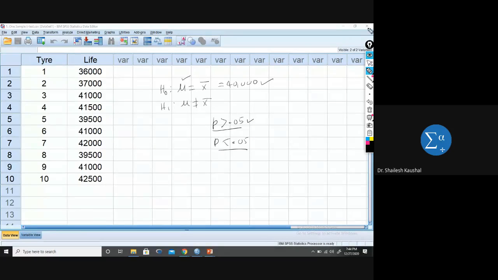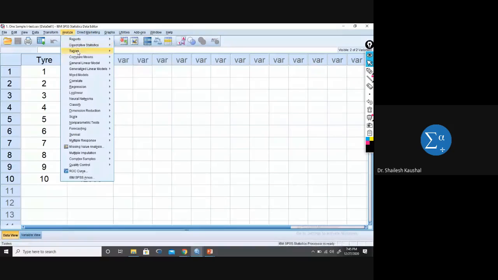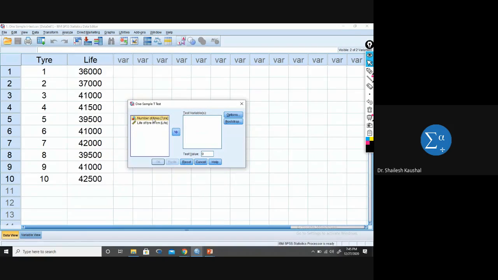So how to perform the one sample t-test in SPSS? We go to Analyze, then Compare Means, and One Sample T-Test. After that, there are the variables number of tires and life of tires.